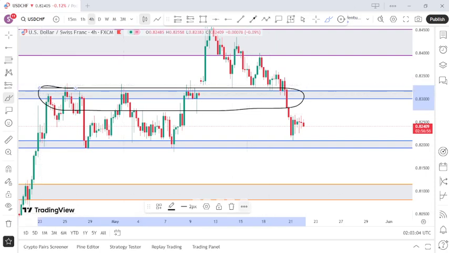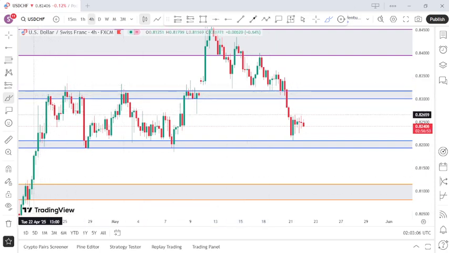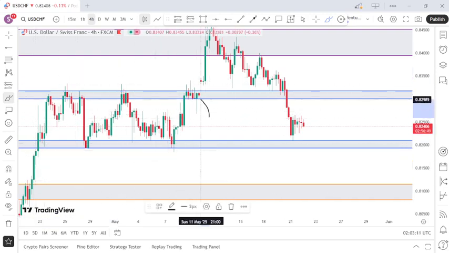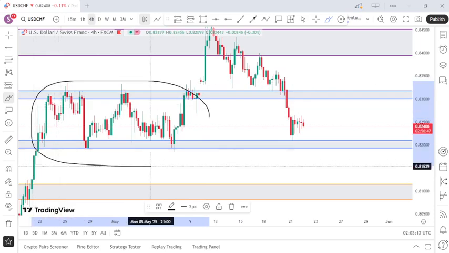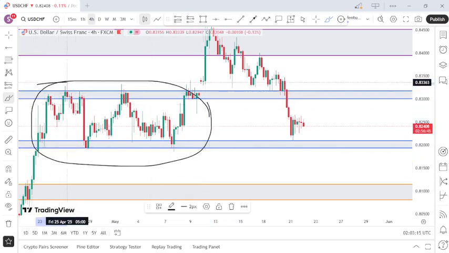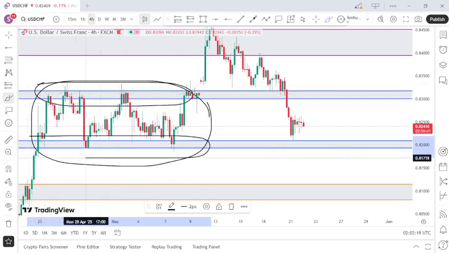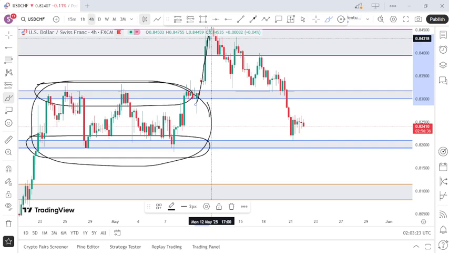Previously, price was ranging here. There was strong selling pressure from this resistance and strong buying pressure from this support. Then price managed to break to the upside.